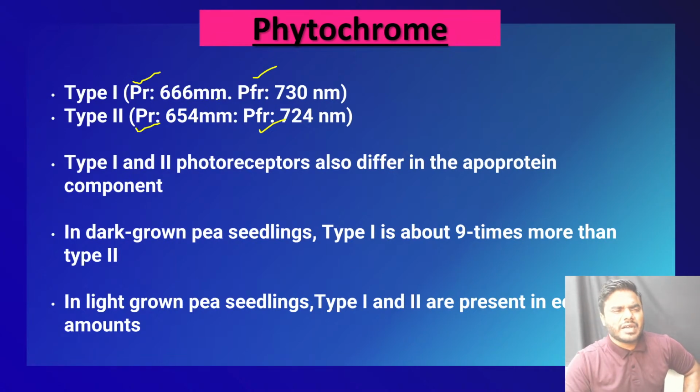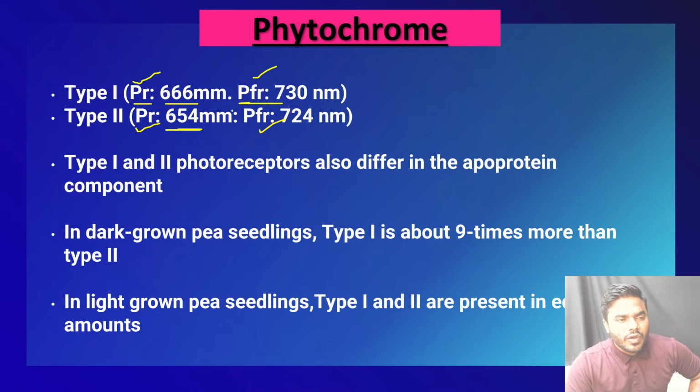You never get that in the exam, even in experiment-based questions. Type 1 absorbs maximum light in the PR form at 666 and PFR form at 730. In type 2, PR is 654 and PFR is 724. You need not remember, kindly don't worry about it.